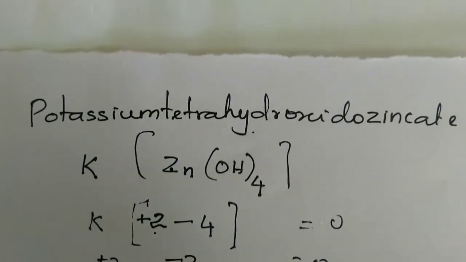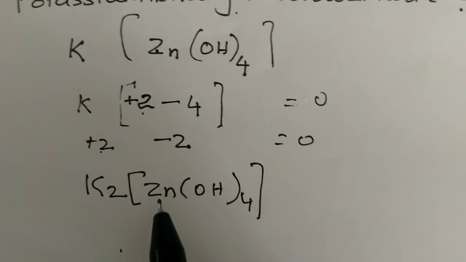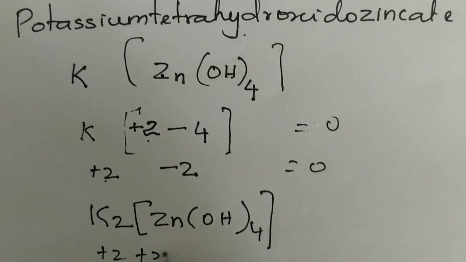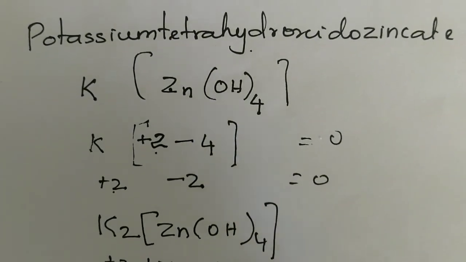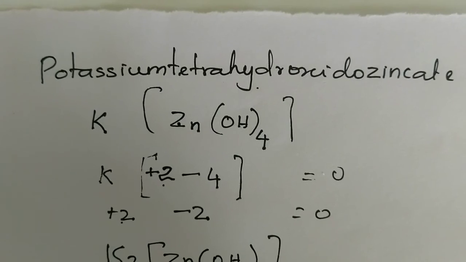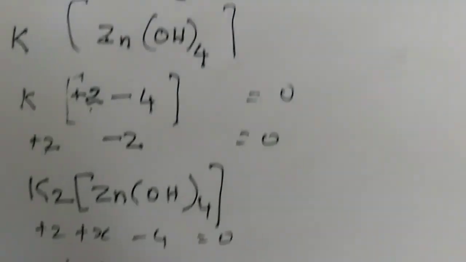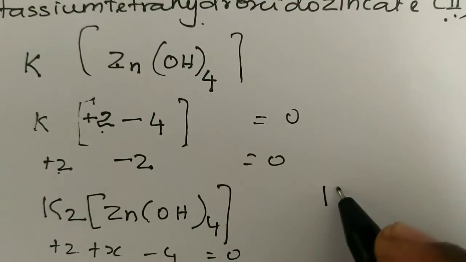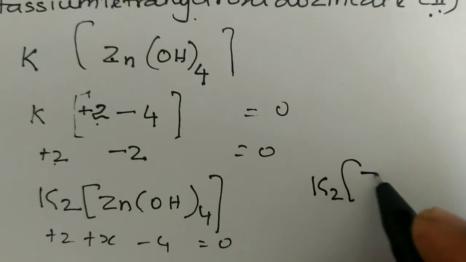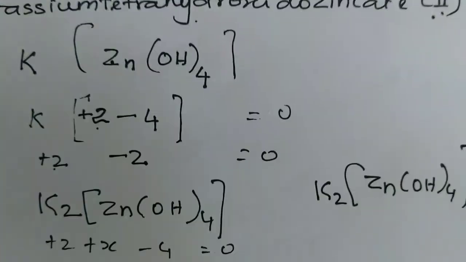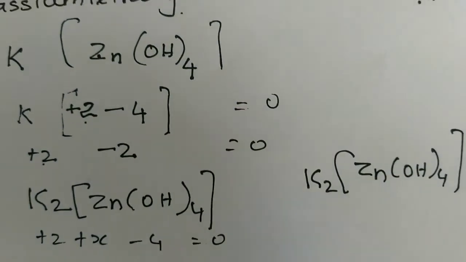Now you calculate for zinc: +2 + x - 4 = 0, that is automatically we will get +2. So the correct formula of this complex is K2[Zn(OH)4]. Like that, for each compound you have to practice.